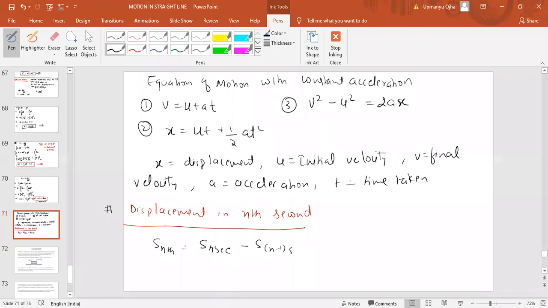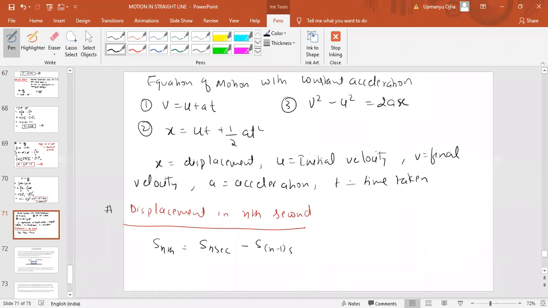Is this correct or not? If I have to find the displacement of the particle in the 4th second, it would be displacement of the particle in 4 seconds minus displacement of the particle in 3 seconds. Is this correct or not?